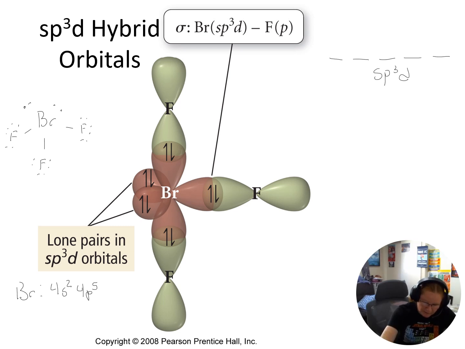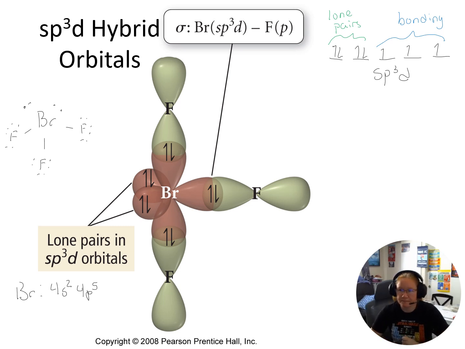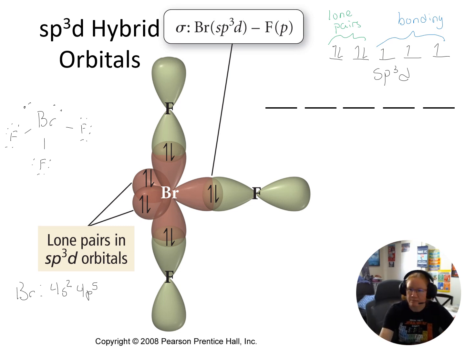So 7 valence electrons, 1, 2, 3, 4, 5, 6, 7, where I have my lone pairs and my bonding. Okay, so we can account for all of it. Oh, I had put the lines on there for myself. Oh well, doesn't matter. I drew them anyway.